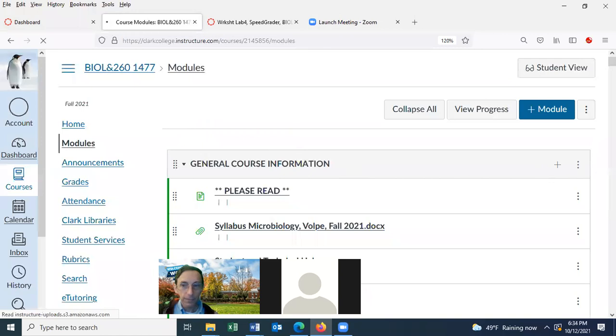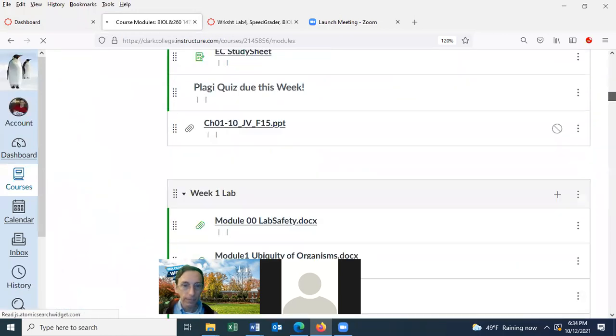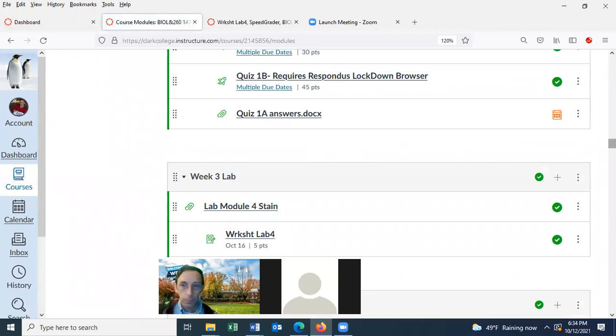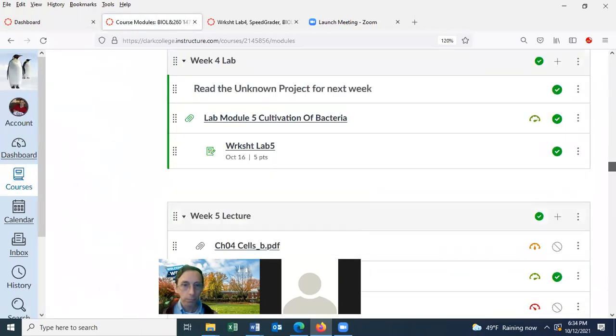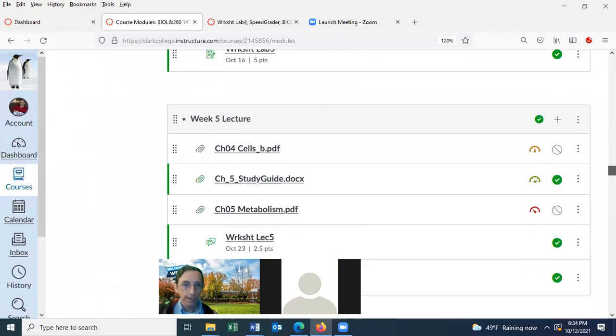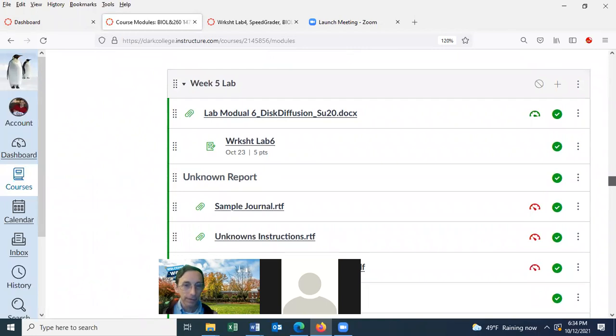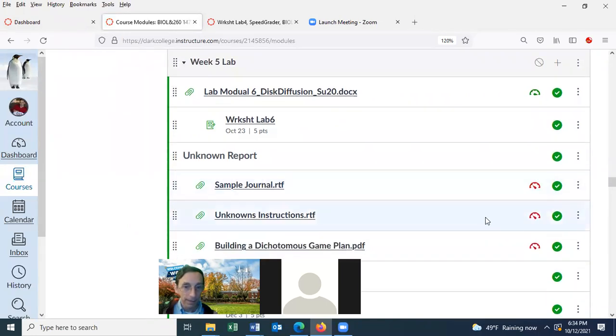I think you can find it under week 4 or week 5 of the lab. So in week 5, there it is, the unknown instructions.